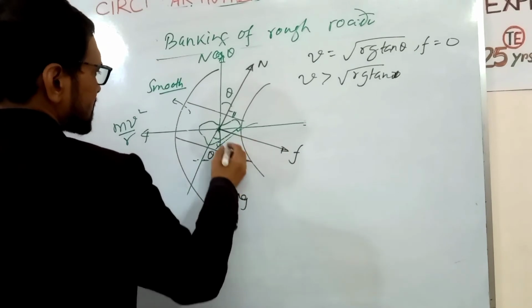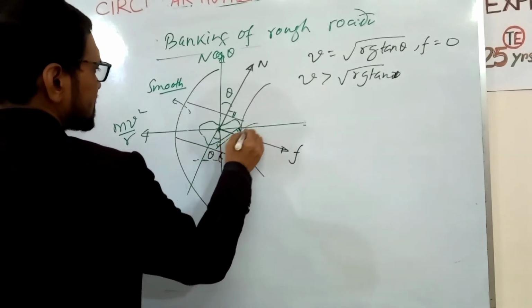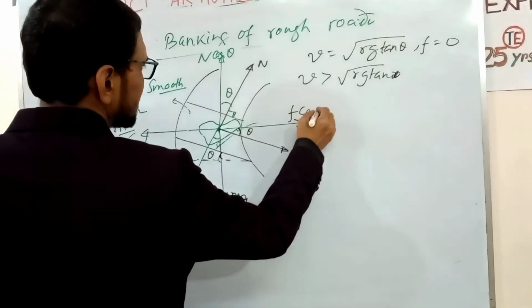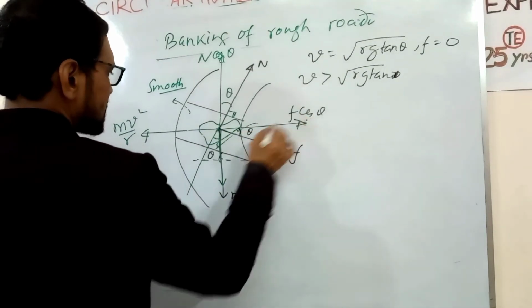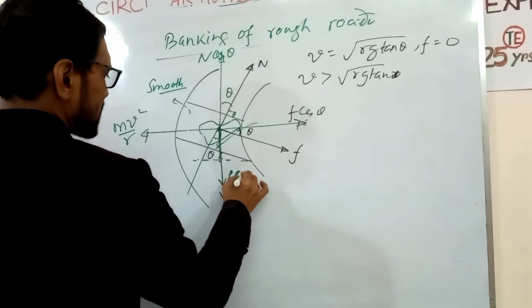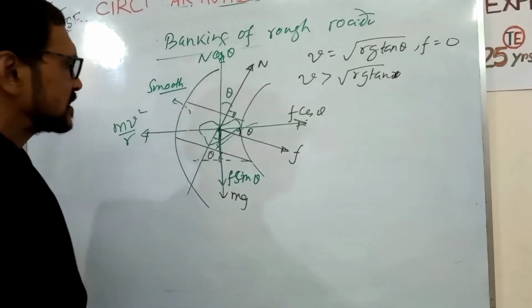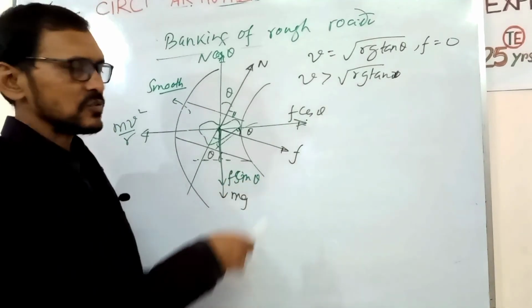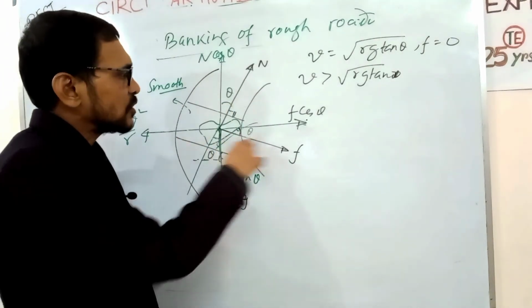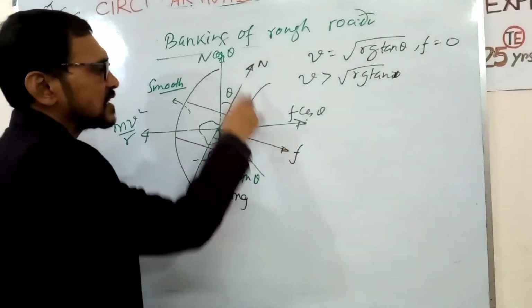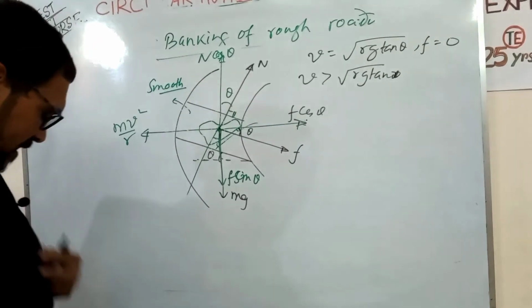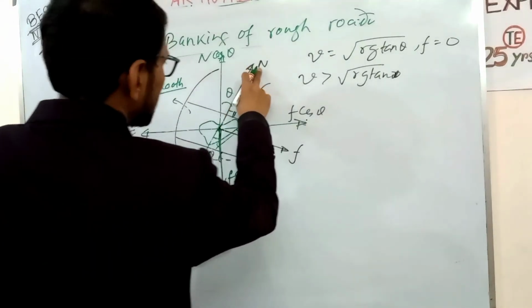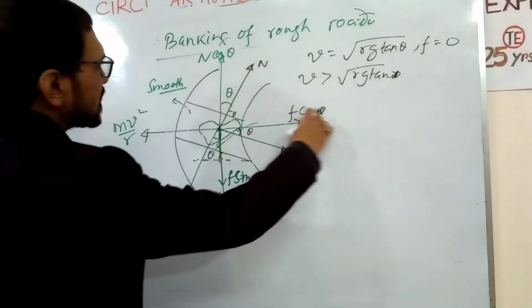Now what is the relation between these? If this angle is theta, then this is f cos theta and this is f sin theta. Resolve f along two directions. Always remember that we resolve friction and normal reaction along horizontal and vertical.